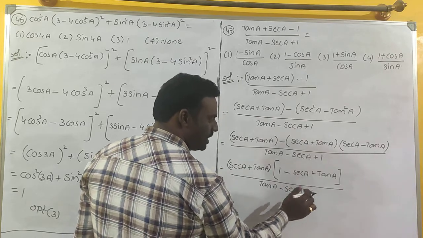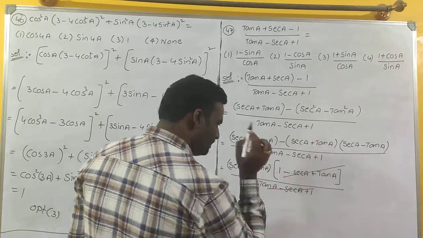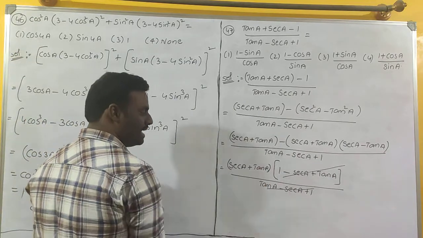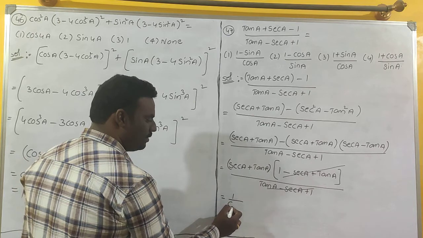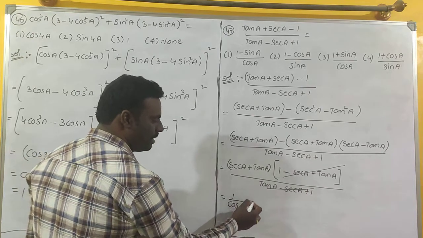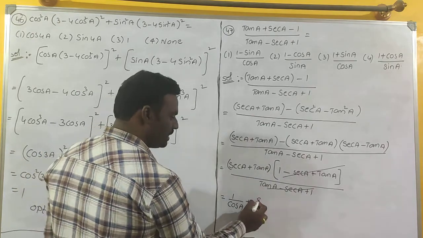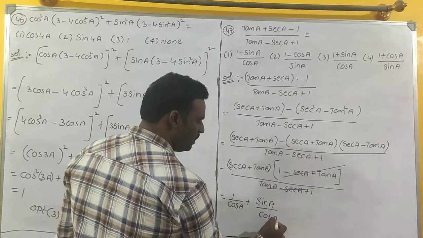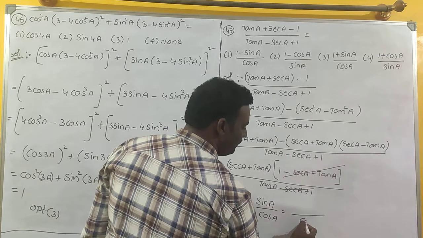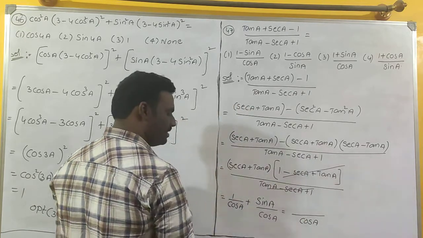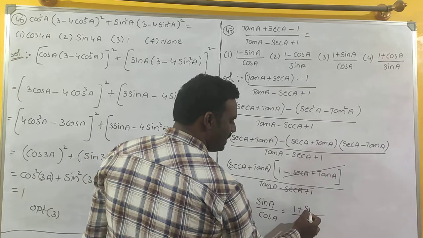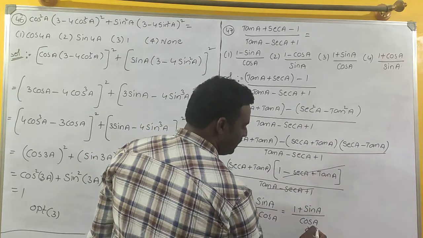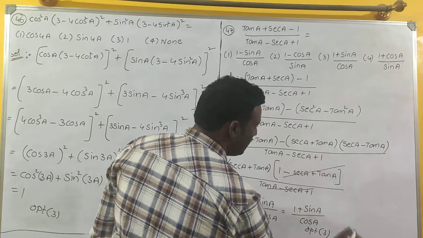This and this both are the same, that's why we can cancel these two. Now what is remaining? Secant A plus tan A. Secant is nothing but 1 by cos. Tan is nothing but sin by cos. Now cos is the LCM. The final answer is (1 plus sin A) by cos A, that is nothing but option 3 is the correct answer.